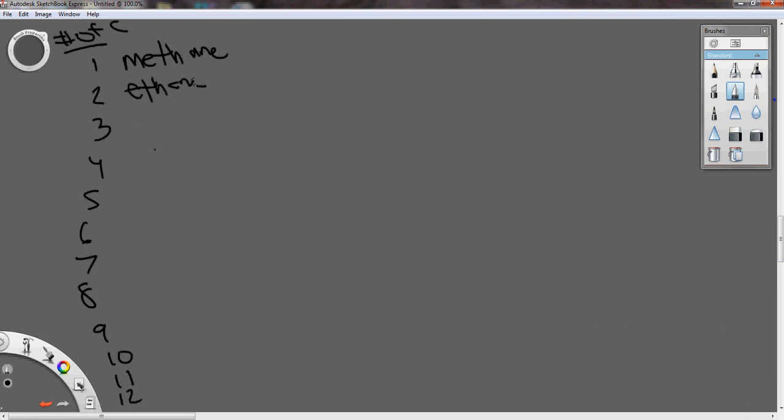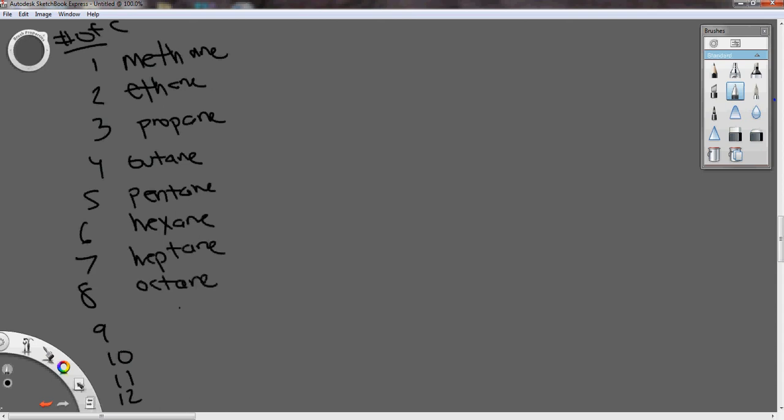So we got ethane, propane for 3 carbon atoms, butane, pentane, hexane, heptane, octane, nonane, decane, undecane, and dodecane.